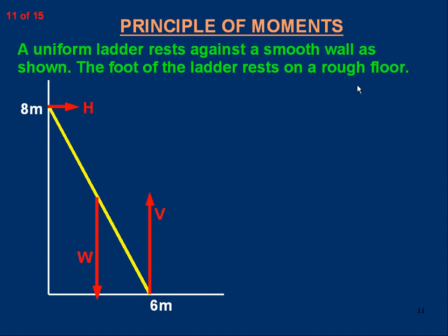And the floor is rough, so there's going to be some friction which stops the ladder sliding. I'll call the friction F. It acts to the left and it stops the foot of the ladder sliding to the right. There's no friction at the top because it's a smooth wall. So those are the four forces on the ladder.